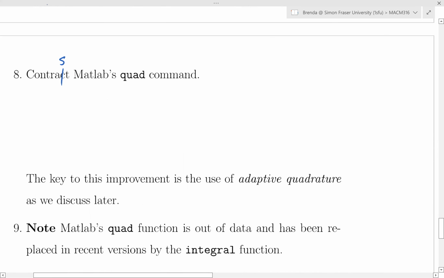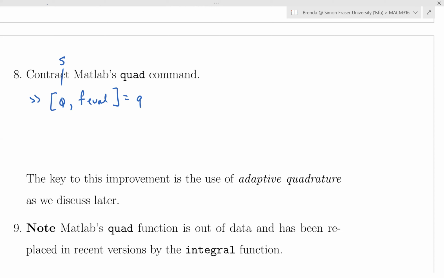Let's contrast with the MATLAB quad command. In MATLAB here, we have some function, and then we call a quadrature routine and evaluate.